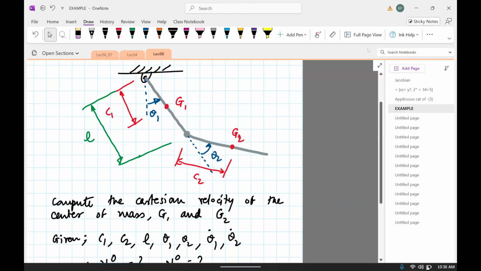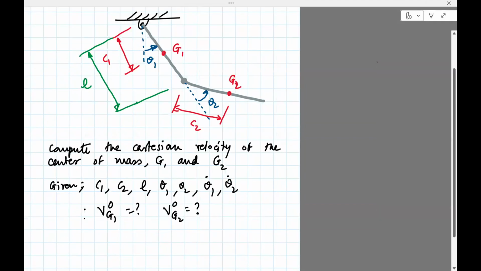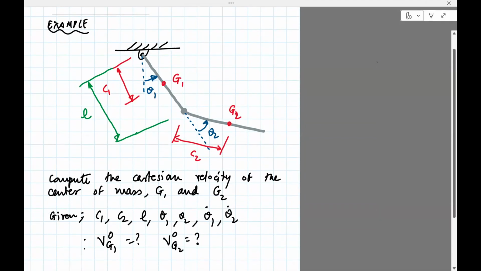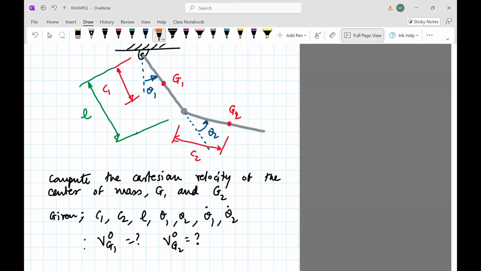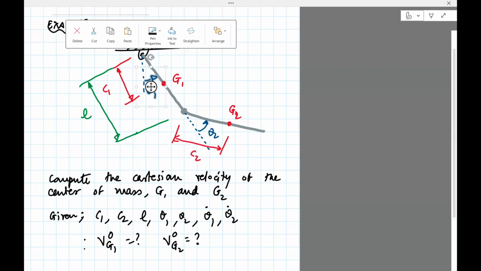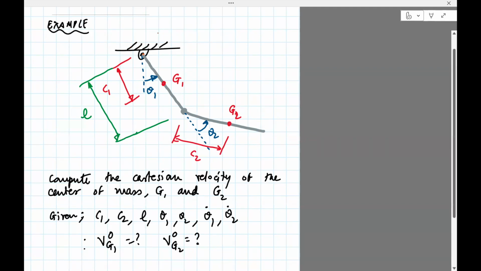Okay, let's get back to the Jacobian. So here is the manipulator. We are trying to compute the velocity of point G1 and G2. What we'll do is we'll fix a frame and then go from there. So I'm going to fix a frame such that the x-axis, x0, is along the horizontal. So let's just fix x0 this way, y0 on top.